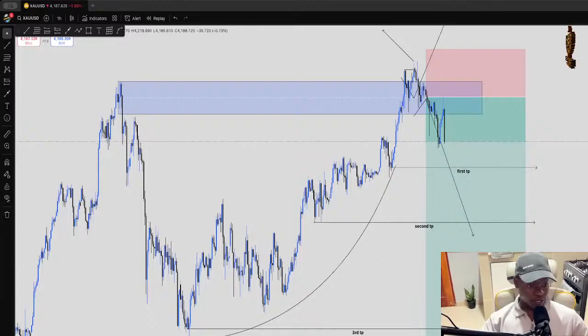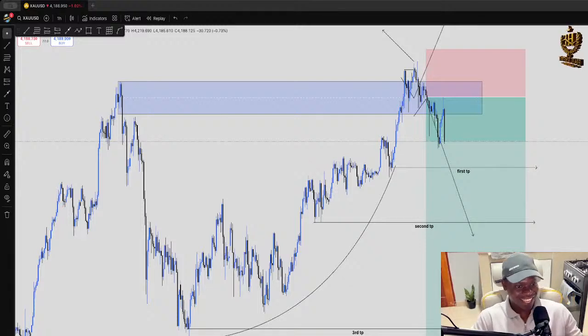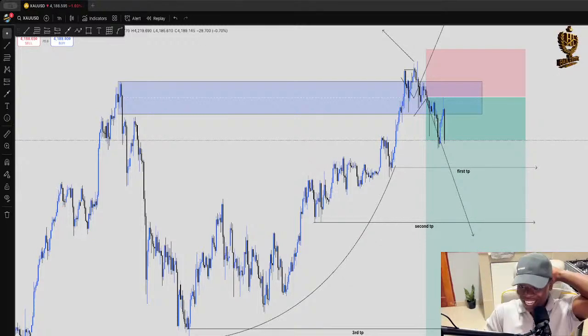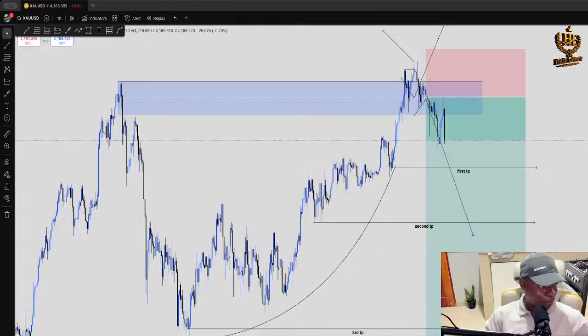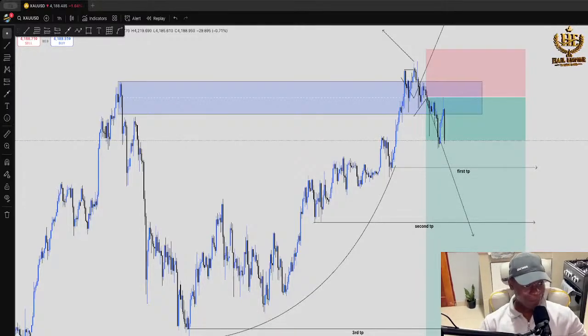As a trader, if you have caught a move like this, you know you are balling. Look at that.